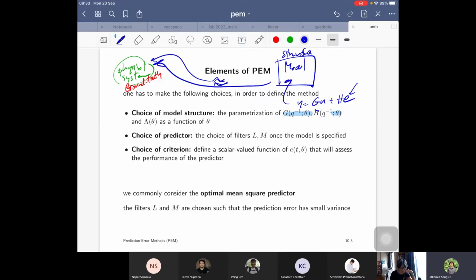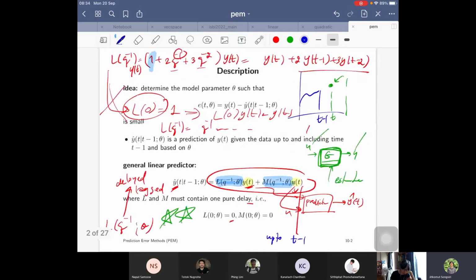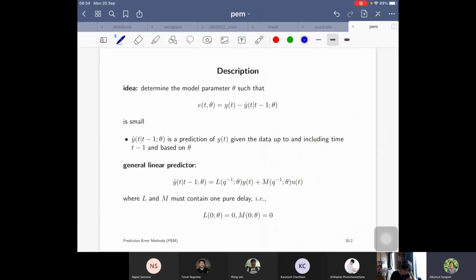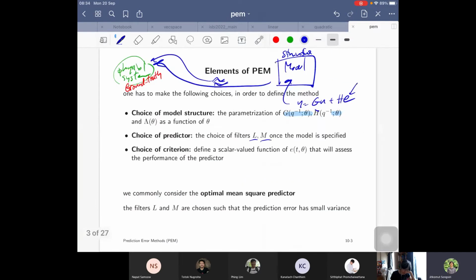And then you're going to pick the choice of the predictor. You're going to pick the choice of L and M that satisfy this one PL delay condition. Based on that predictor form, these L and M will contain some parameter theta, and then of course you can construct y hat t given t minus 1, and then you will get the error term. And then how can you pick theta?